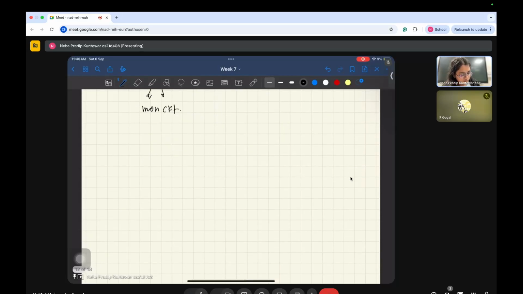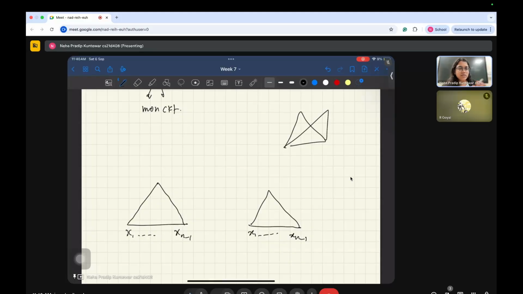For the sake of drawing, I'm drawing it separately, but actually those are like this.